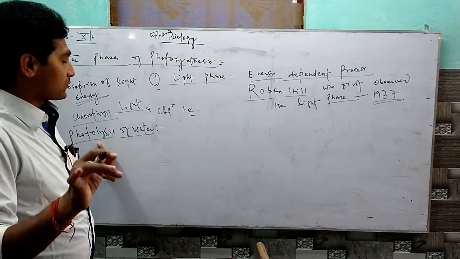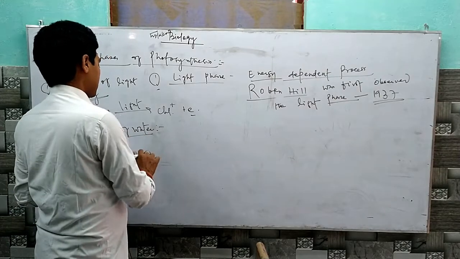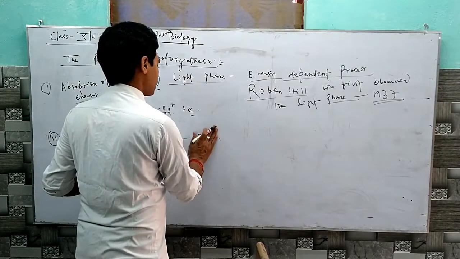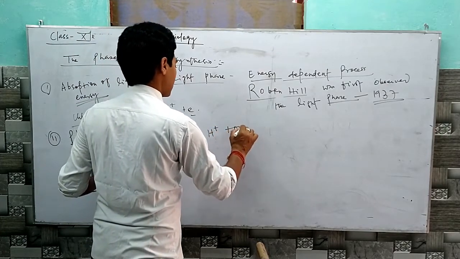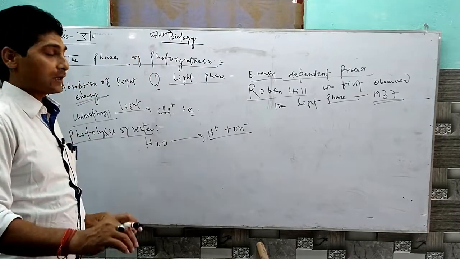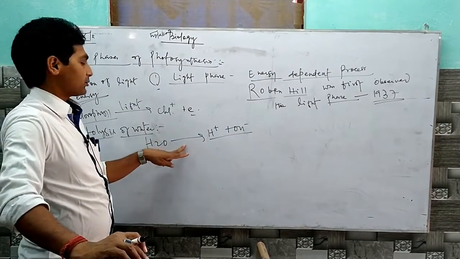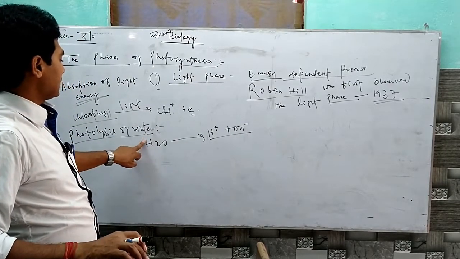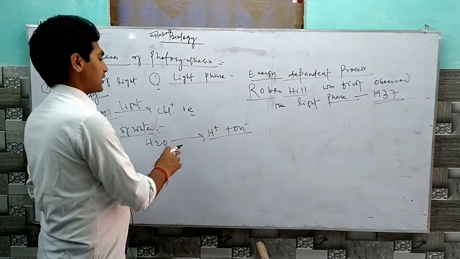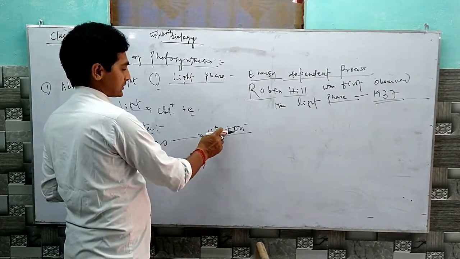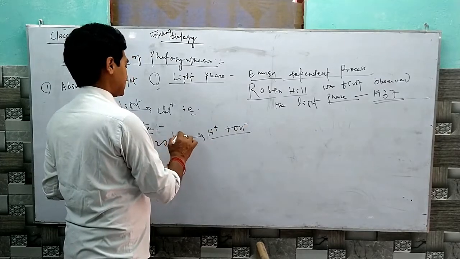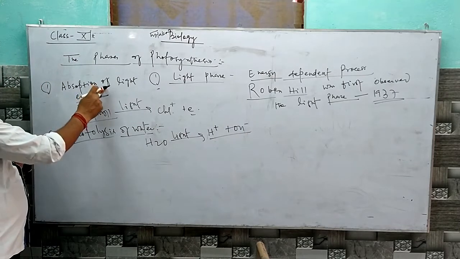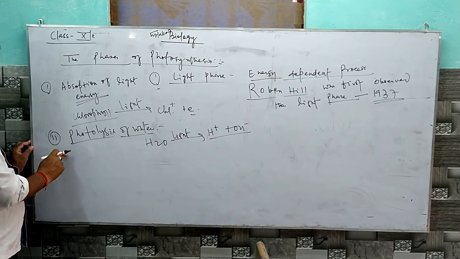This is called photolysis of water, and here water splits into two ions, that is H plus and OH minus ion. Photolysis of water means in the presence of light energy, water splits into two different ions, hydrogen ion and hydroxide ion. So in the first step, absorption of light energy takes place. In the second, this is the photolysis of water.